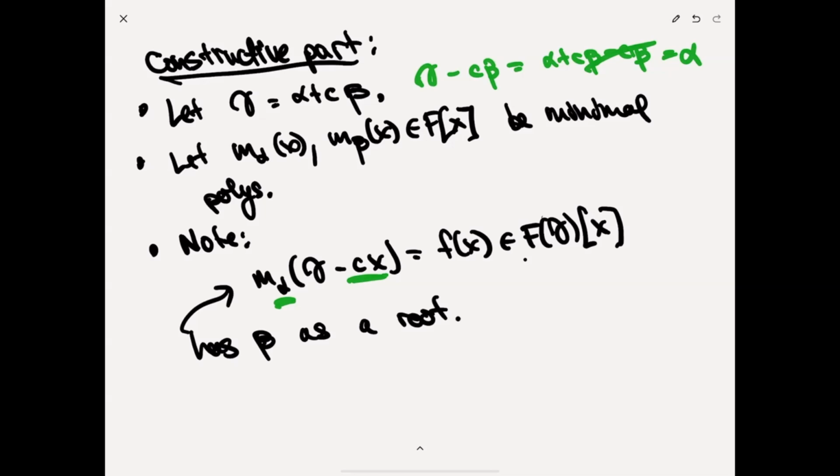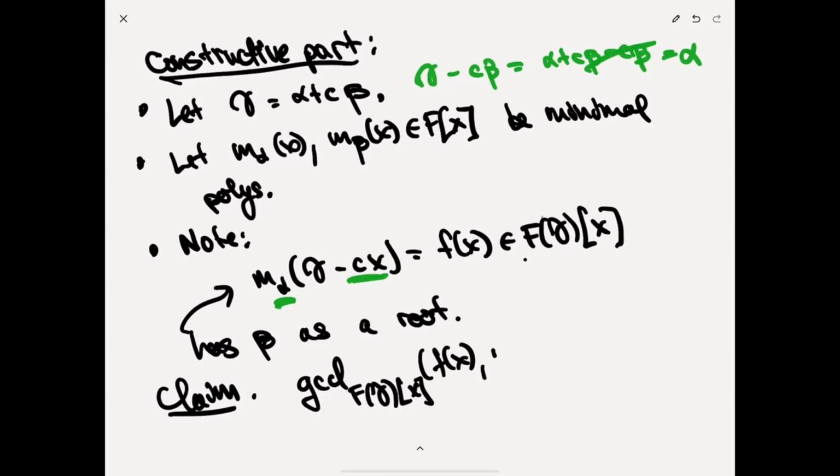Now I'm going to do the GCD thing. I'm going to use the other part of what I needed here. So the main claim that we have is that the GCD over F(gamma) of x of this f of x and m beta of x, this is a polynomial with root beta, is x minus beta.